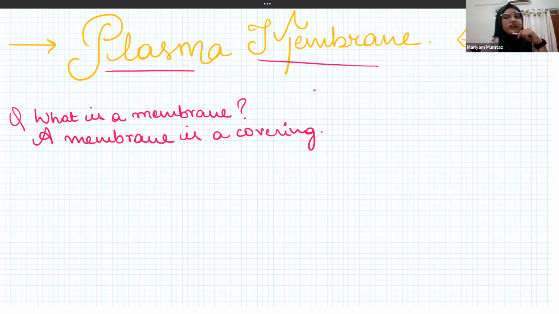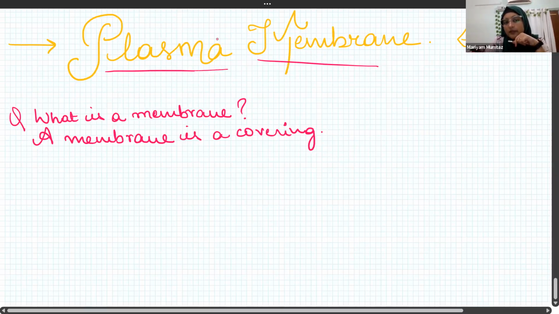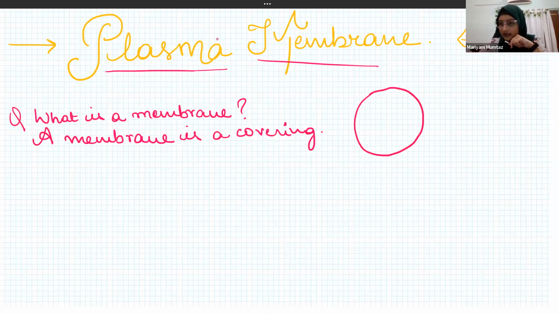Now, can you tell me what function it might provide if it is a covering? To protect and to absorb the nutrients inside the cell. Yes. The first and foremost work of this membrane is to provide protection to the cell. For example, look at the screen. This is a cell. This part here is the nucleus, and all of this is the cytoplasm.